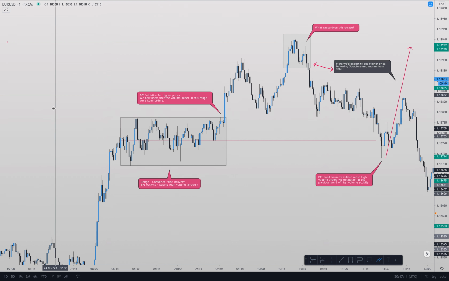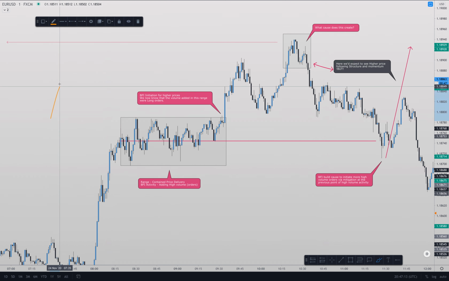Now, if price was to look like this, we can also say that we have defined ranges at these points. But what we can see is that price doesn't stay contained, price actually just continues. And then you have this variation, which is where we see price stays contained within a range.